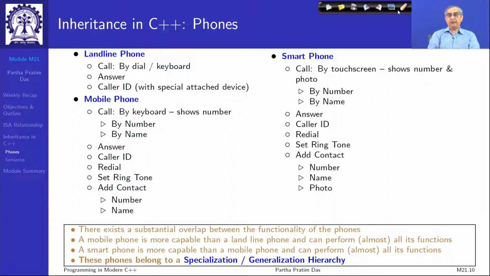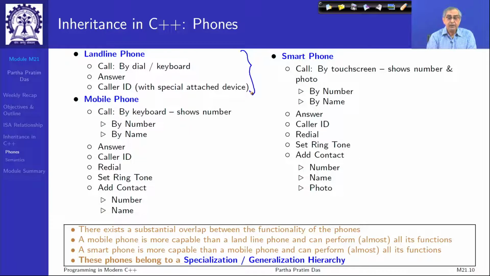So, let us take another example. We all are now driven by phones. Over our lifetime, you are also experiencing that there are varied kinds of phones that are possible. For example, what we have to start with is a simple landline phone. Earlier we used to call it a telephone, but now since there are so many other types, we call it a landline telephone, BSNL landline connection and so on, which usually has a physical wired connection.